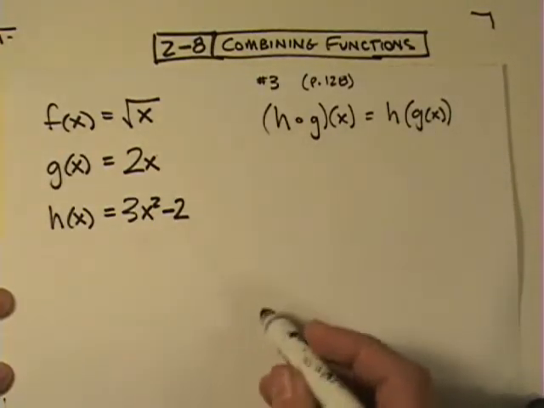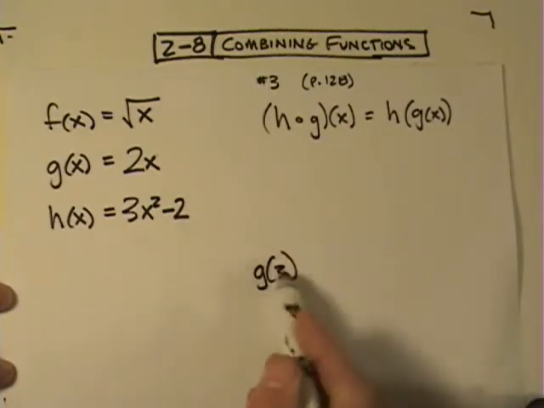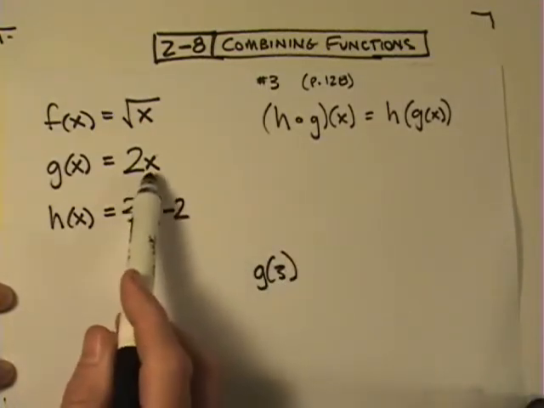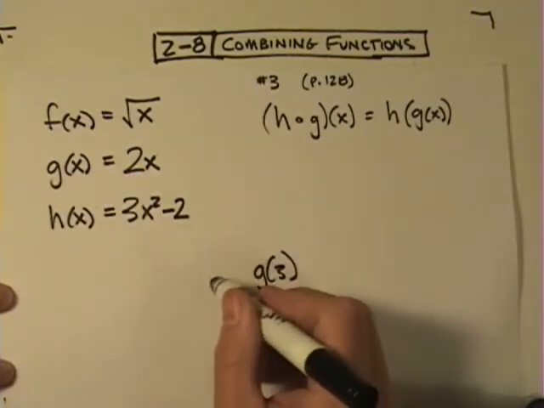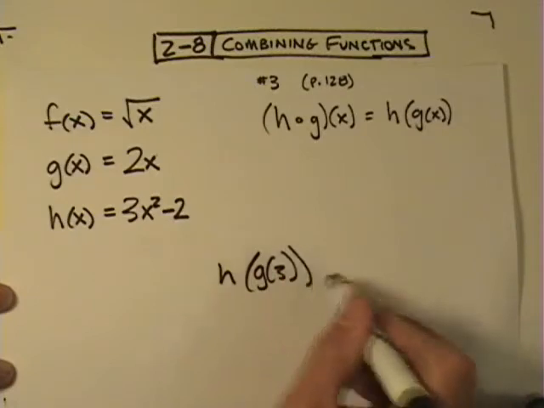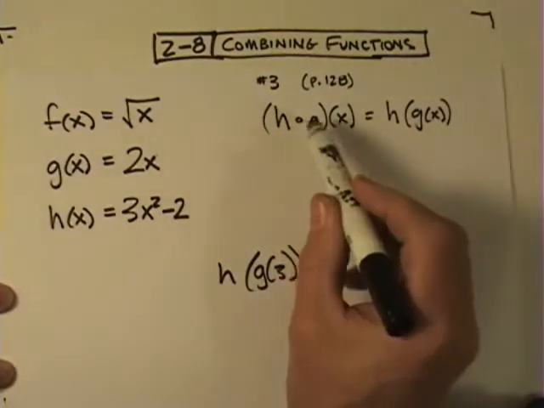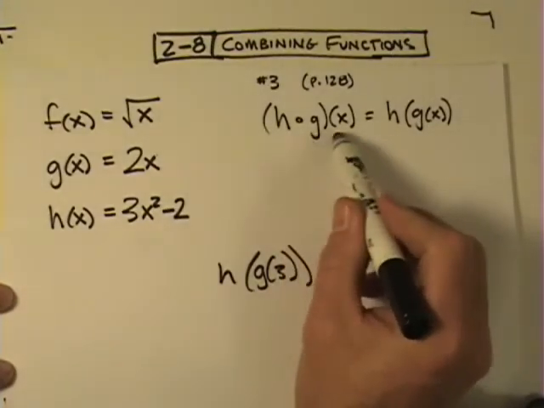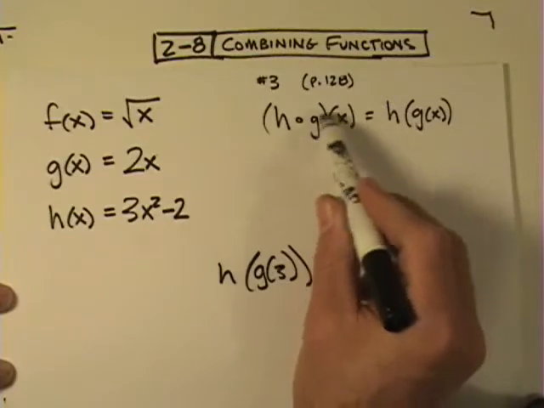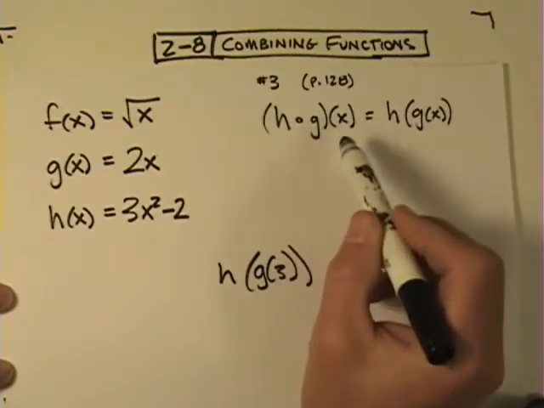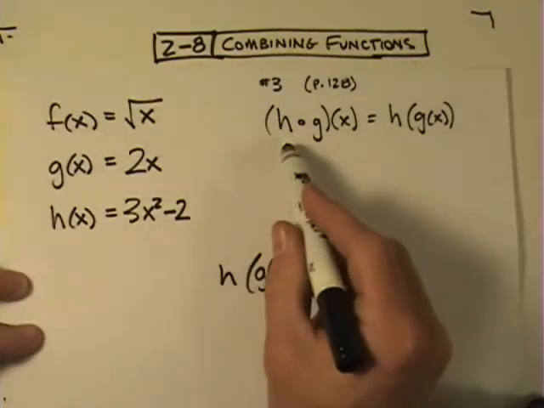Okay, so you'll see that just like we can say g of 3 when we want to plug in 3 into g and get 6 coming out, if we then put h around that, we read this as h of g of 3. But this notation is very common too, so you just have to learn that you do g of x first, and then when you find that, you then do h of x. Or you can actually combine the functions, and that's what I'm going to show you how to do now.